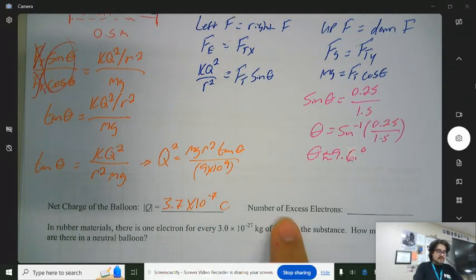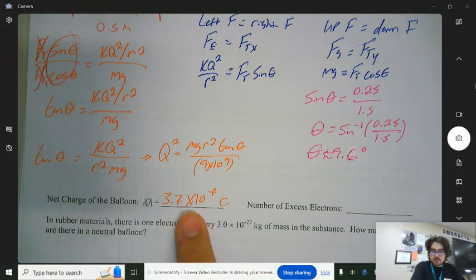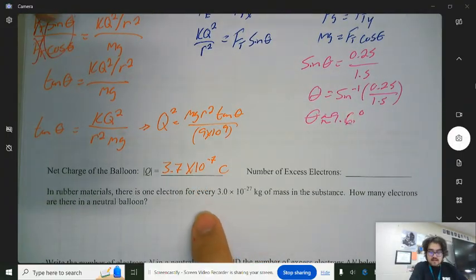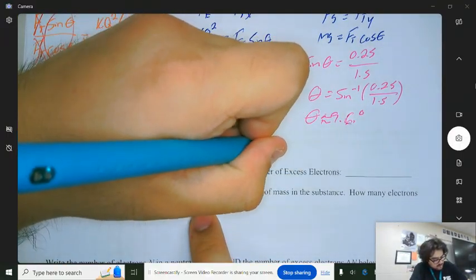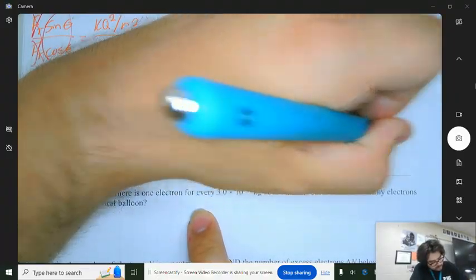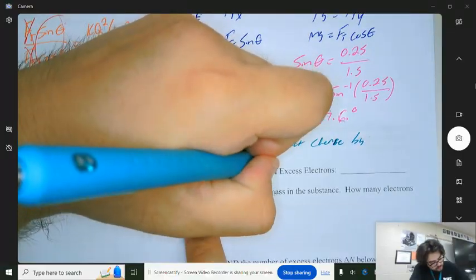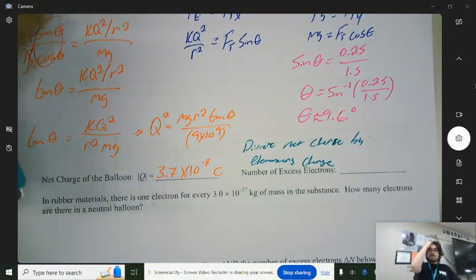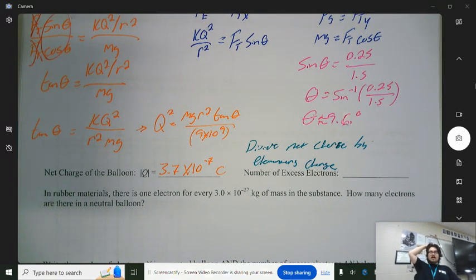To figure out the number of excess electrons, this is our net charge, which is the charge we essentially have in excess. Then you would just divide the net charge by the elementary charge, because your net charge should be some multiple of electrons.